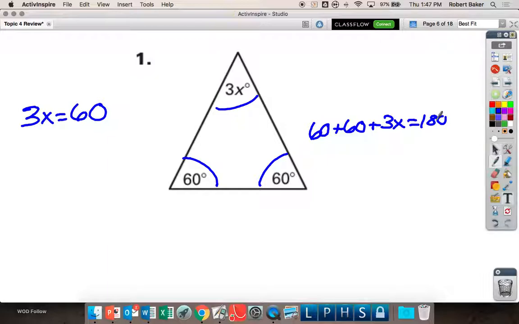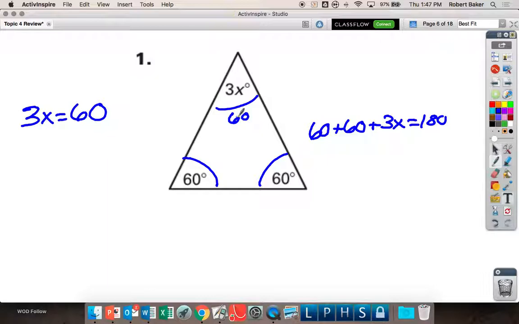What Jordan did was he recognized that it was a 60, 60, 60 triangle. So he solved for the missing angle: 60 and 60 are 120, and 180 minus 120 makes this angle 60 degrees. He solved for just the angle, got 60, and then set those two things equal to each other.